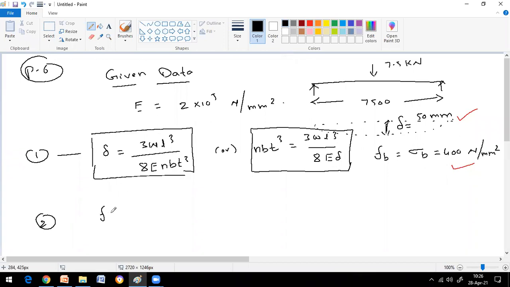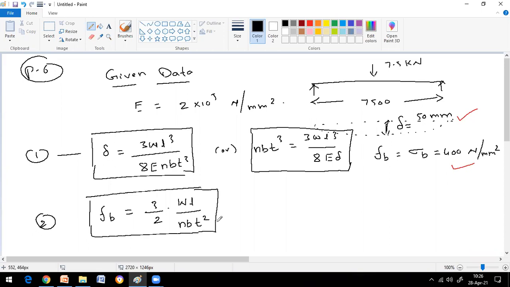Sigma B is equal to 3/2 of WL by NBT square. This is the same formula we already noted earlier. Or it can also be written as NBT square is equal to 3WL by 2F.